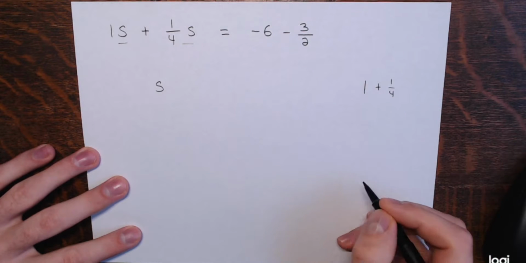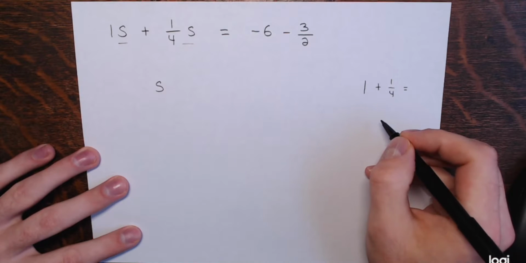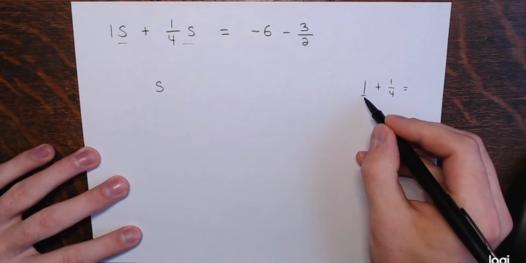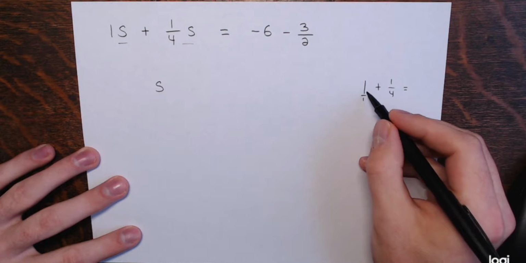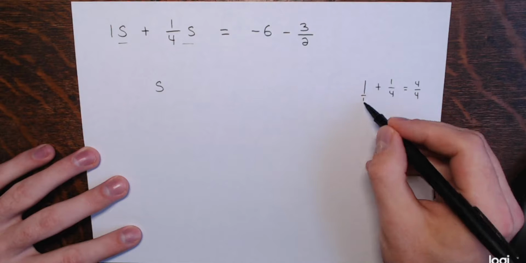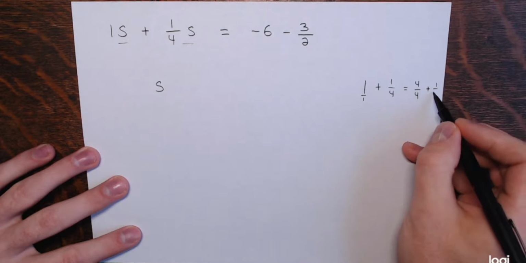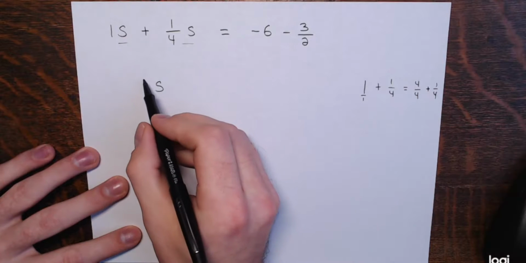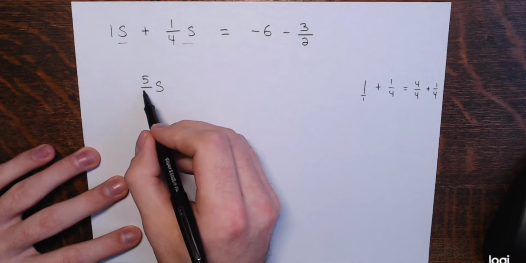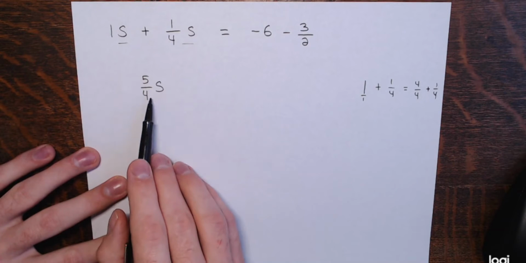Well, remember, to add you need the same denominator, and 1 is just like 1 over 1. I would have to multiply that by 4 over 4, right? So that's 4/4. 4/4 plus 1/4 is 5/4. So when I combine 1s with 1/4 s, that's 5/4 s.